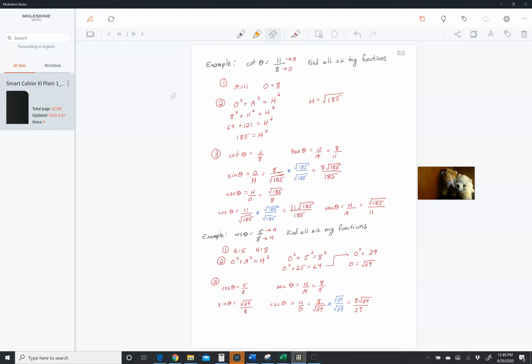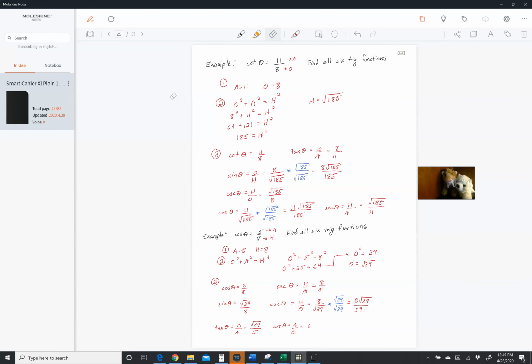And finally, we have tangent of theta, which is opposite over adjacent. So square root of 39 over 5. Okay. We don't have to do anything with that. The square root is in the numerator. We only have to rationalize the denominator. And cotangent of theta is the reciprocal.